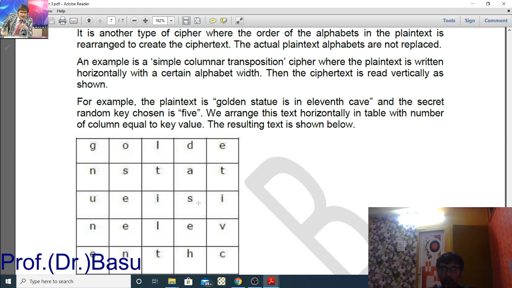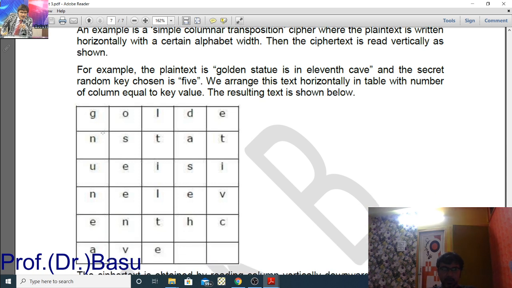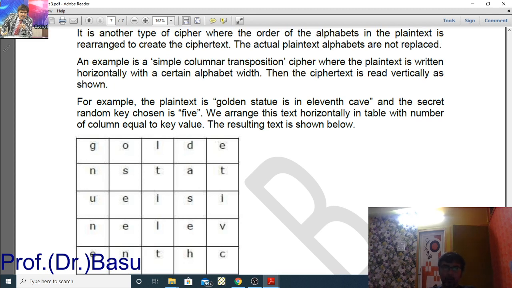So we take a matrix of any order, it may be 5 by 5 as shown here. Any order means the number of columns may vary. Let's say we take the example where the matrix has 5 columns.